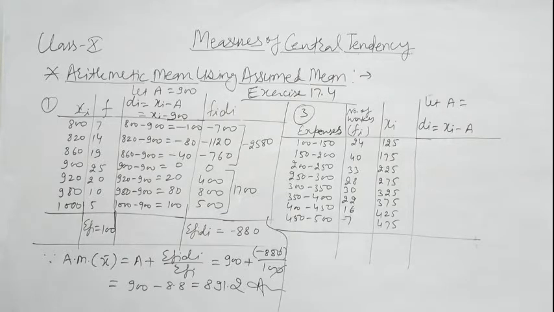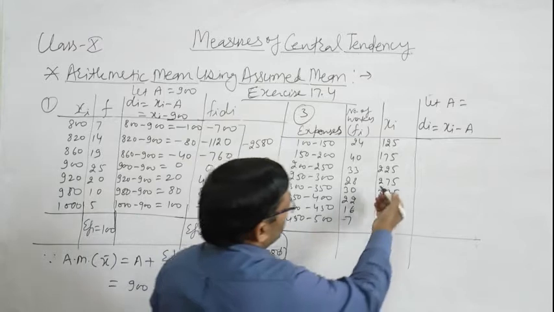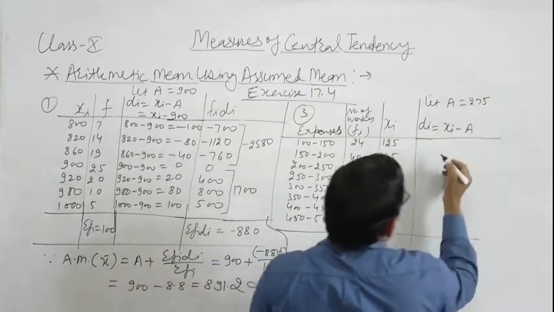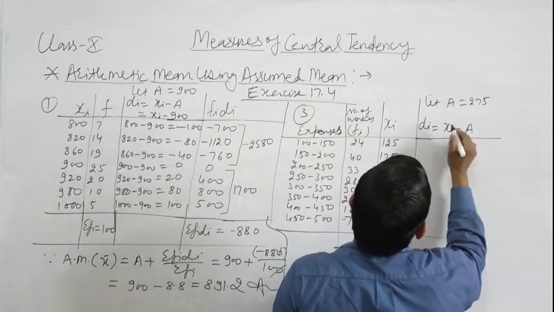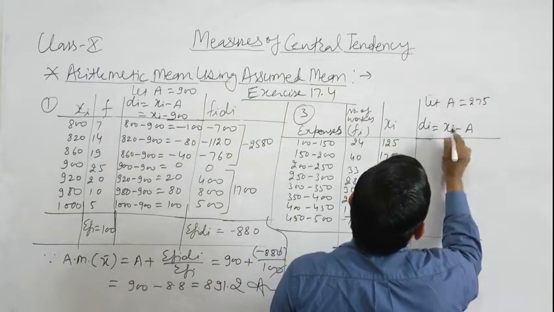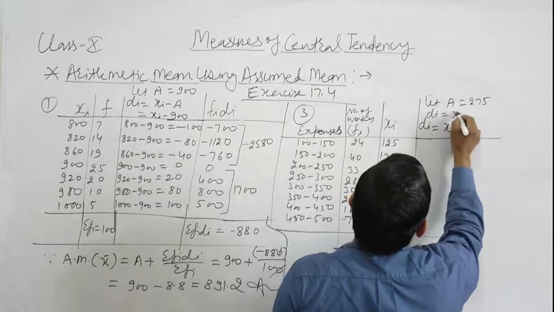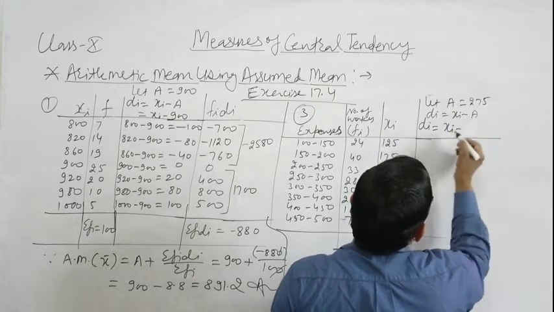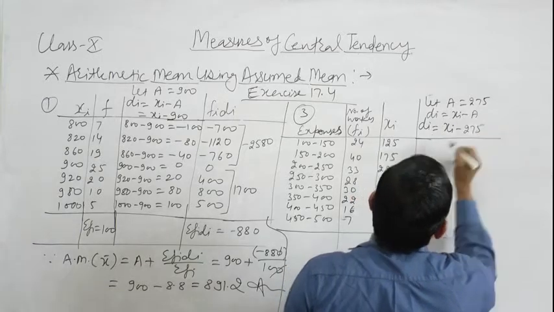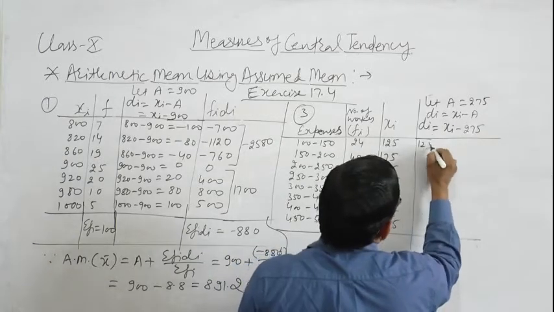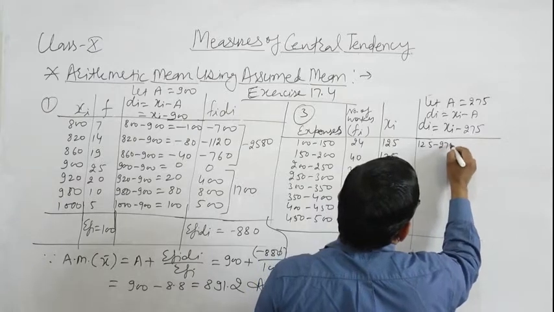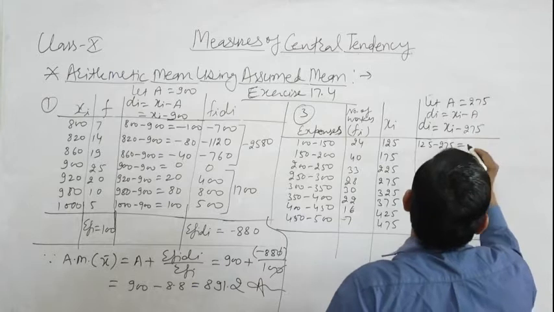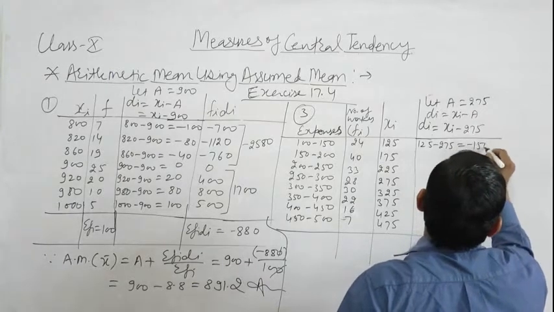So we let a be 275. Because di is equal to xi minus a, with a equal to 275, and xi is 125, so 125 minus 275, that is minus 150.